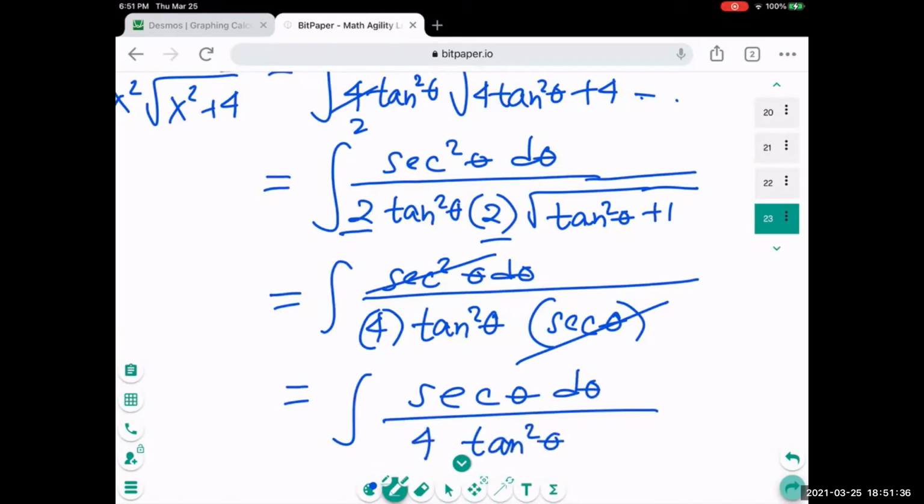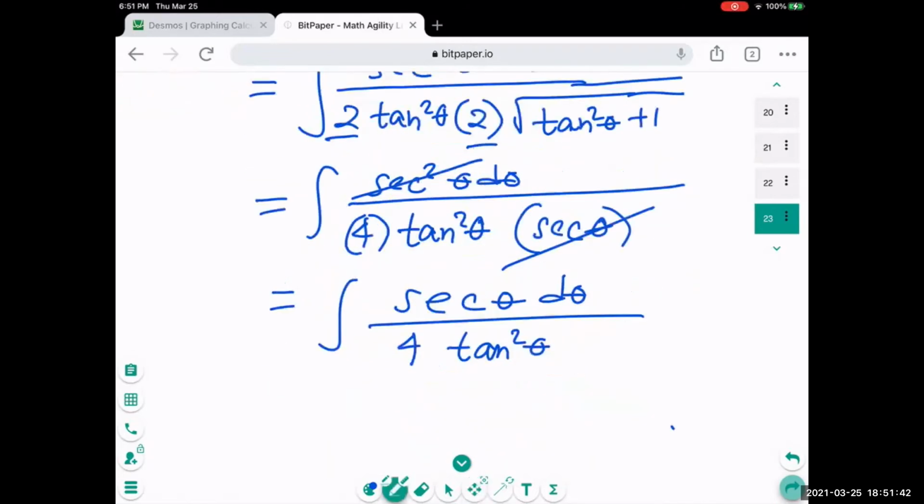So, we can still use some ratio identity here, right? Remember that secant theta is 1 over cosine theta, right? And tangent theta is sine theta over cosine theta, right?